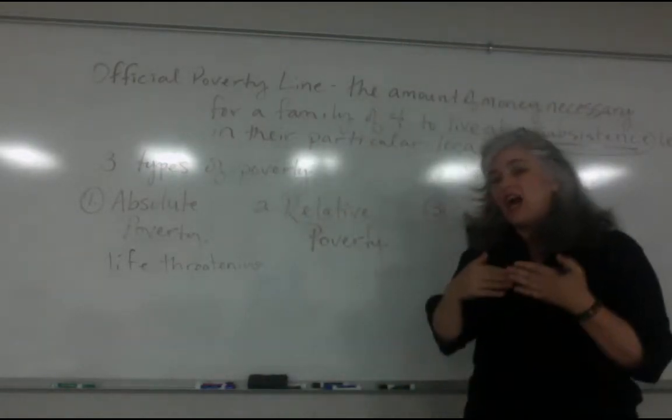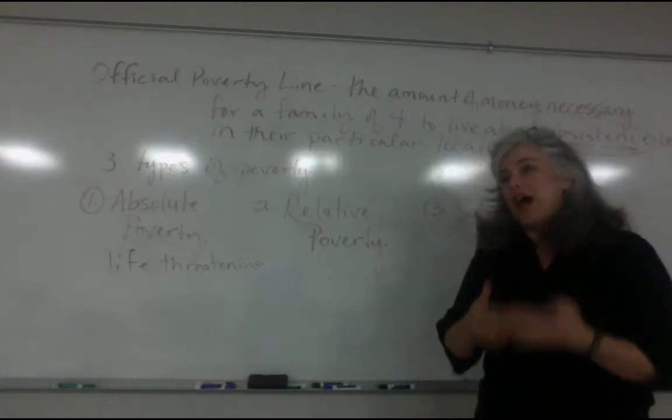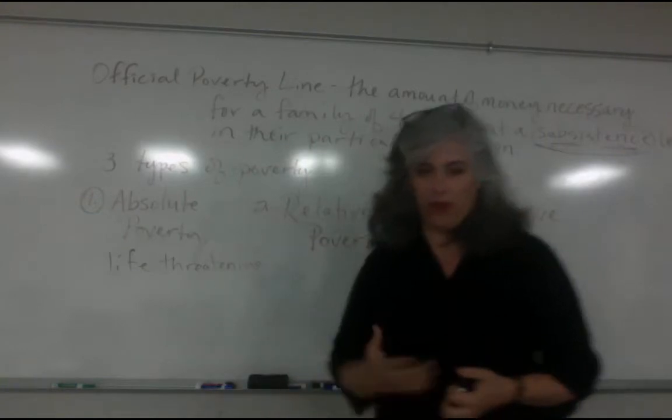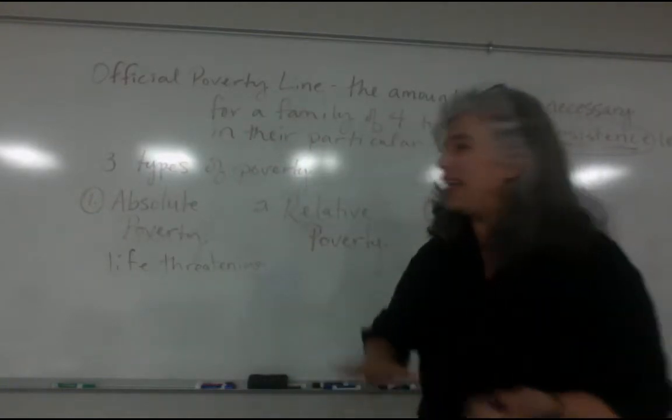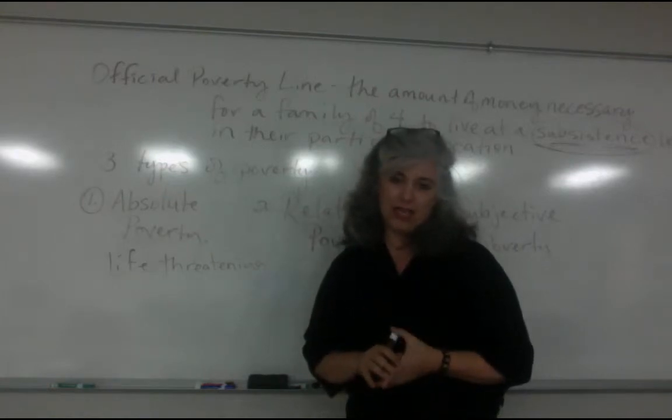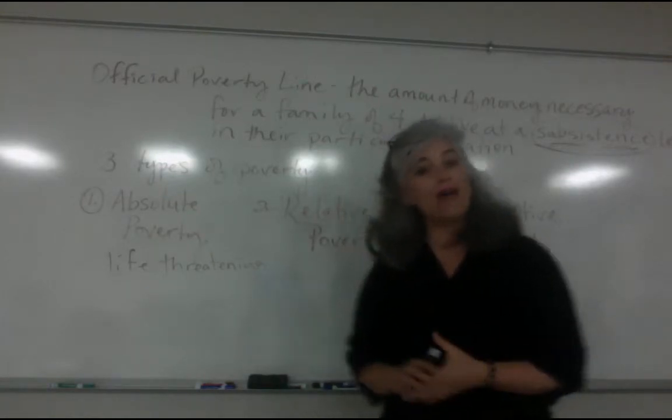So it is not entirely out of the question that we would have absolute poverty in the United States. We do. But it's much less likely for us to have absolute poverty in the United States than it is worldwide because we have so many safety nets.